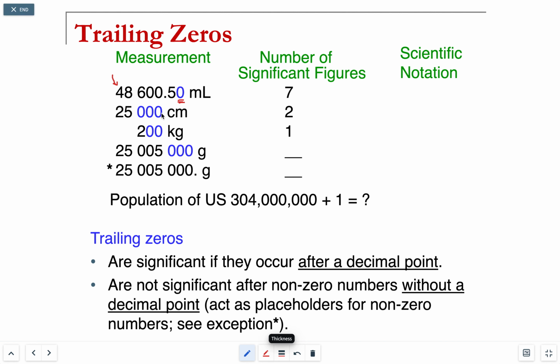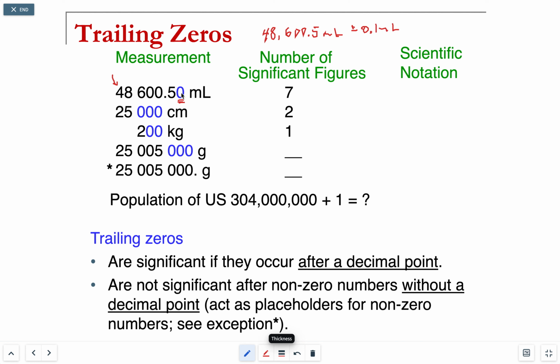If there is no decimal point, these are not significant. Now let's talk about why. Imagine we wrote this value instead, 48,600.5 milliliters. If we wrote that, we're saying that we know this value to plus or minus 0.1 milliliters.